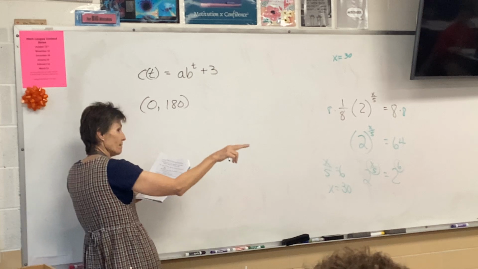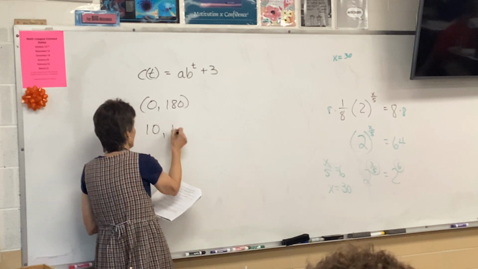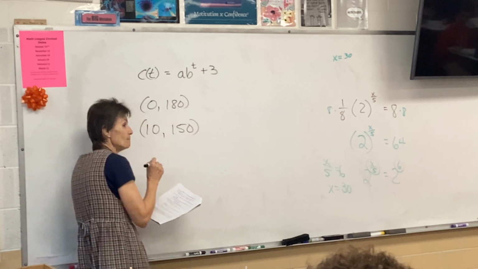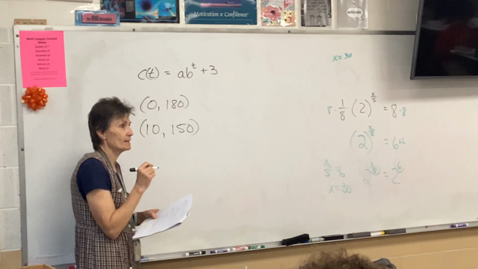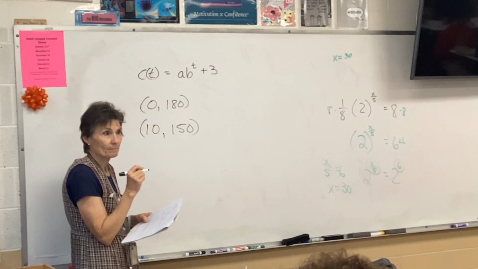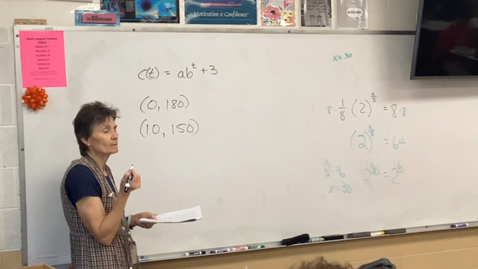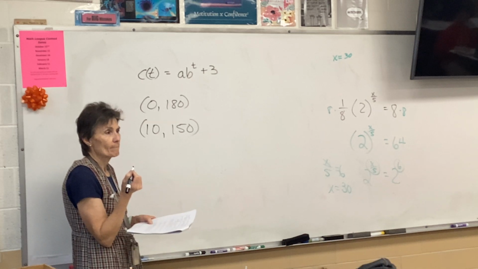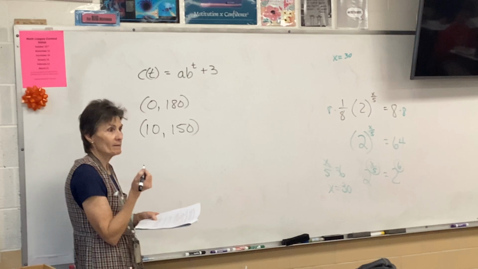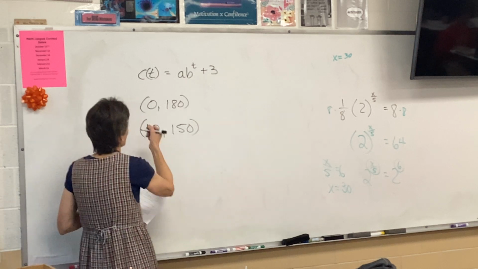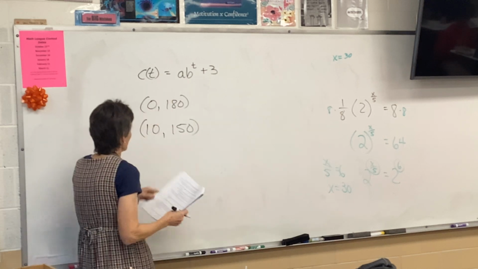And then what did you say? 10, 150. After 10 minutes, now the temperature of the cake is 150. So where do we go from here? Plug them in. So let's see what we get if we put in 150 or 180.